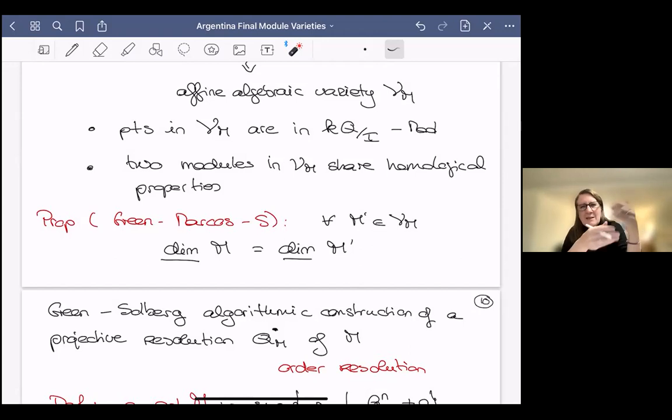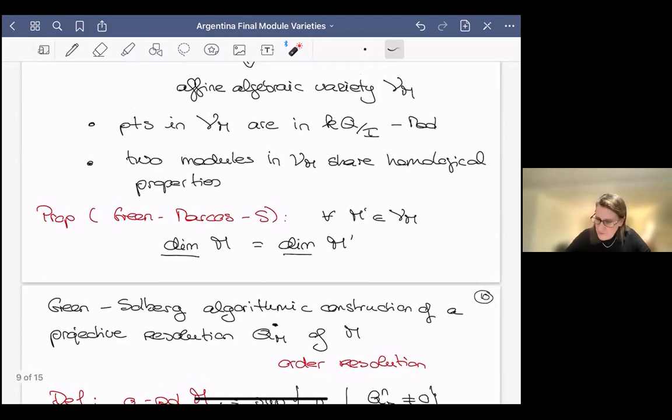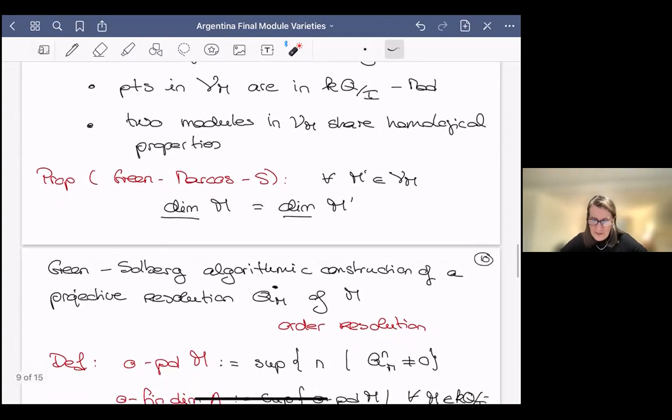And so it depends on an order, and so I've termed it the order resolution. And it's very compatible with the construction of our varieties. The plus is that it is algorithmic, so you can always construct it. The drawback is it's not necessarily minimal.